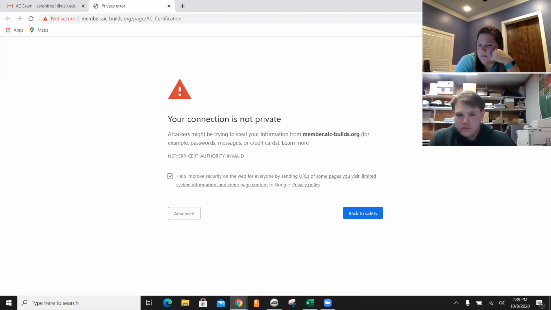Interesting. Where's my mouse? I don't have that problem at all. I mean, this Wi-Fi is password protected and everything, so I don't know why it would be like that.